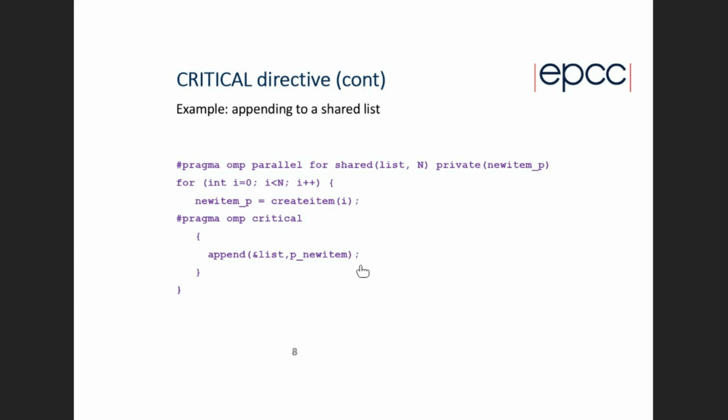The list will get corrupted in some nasty way. So what I can do is enclose this append call inside critical, and that will mean that only one thread at a time can enter this block of code and do the append.